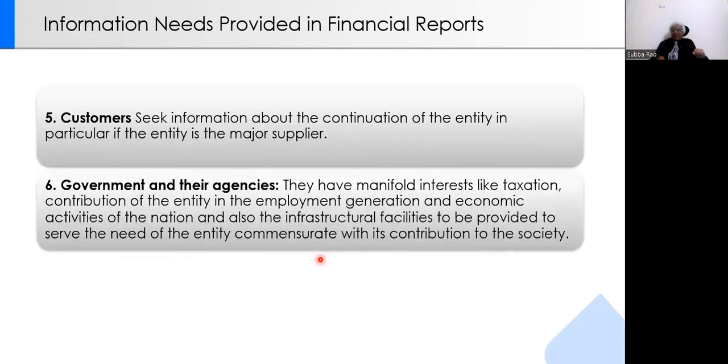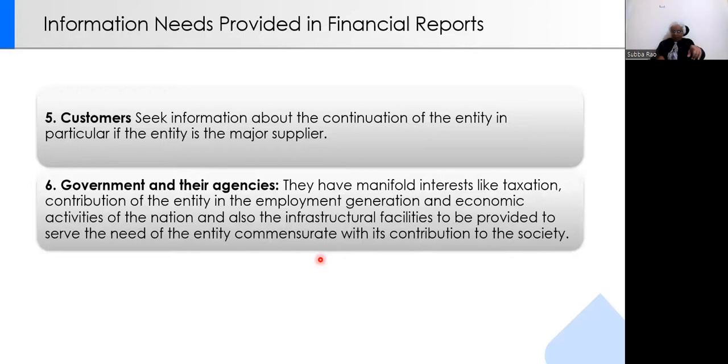So as a customer, I seek information about the continuation of that company. In particular, if I am buying goods from them, it may be a washing machine, it may be a laptop, Dell or whatever, I would like to know, at least, I may not go into details of reading all their financial reports, but I should know whether the company is really stable.